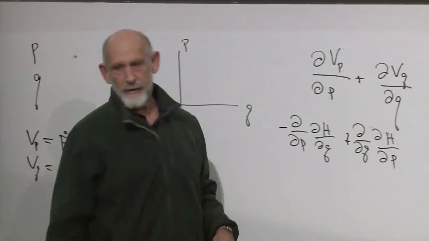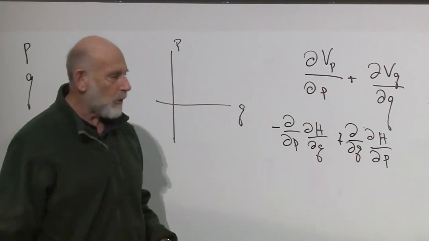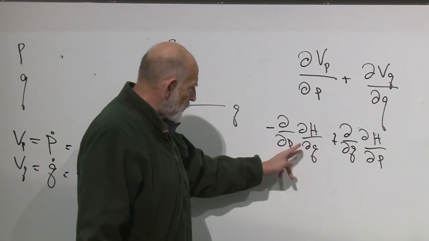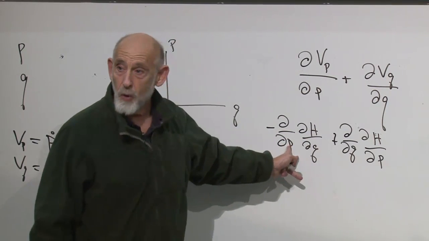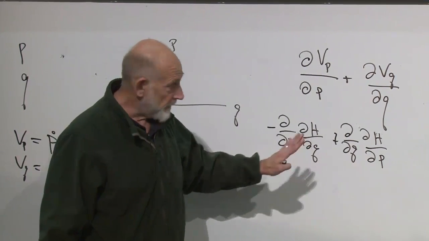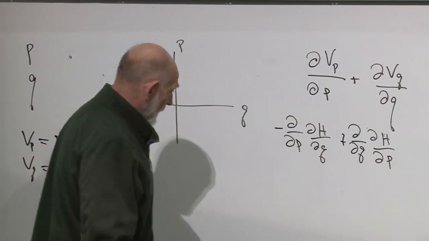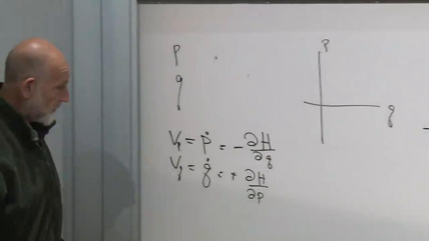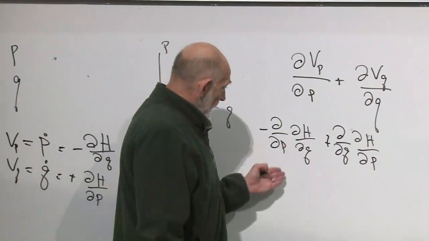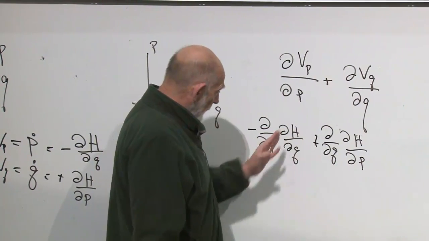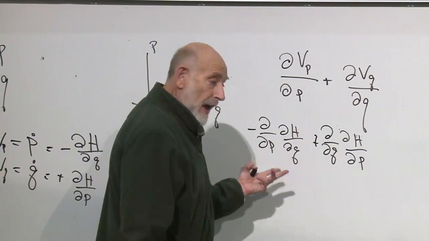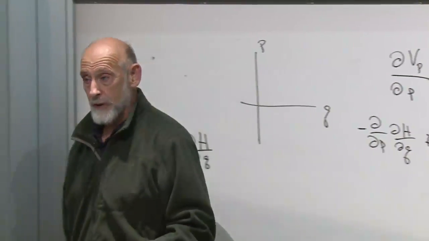I think we must have mentioned at some point about partial derivatives that the process of partial differentiation is independent of the order of the differentiation. I hope we mentioned that, because if we didn't, we'll mention it now. If you have the second derivative of a function with respect to two independent variables, it doesn't matter which order you differentiate.